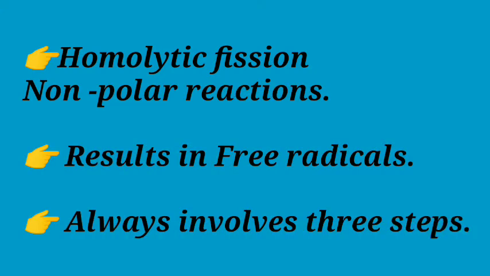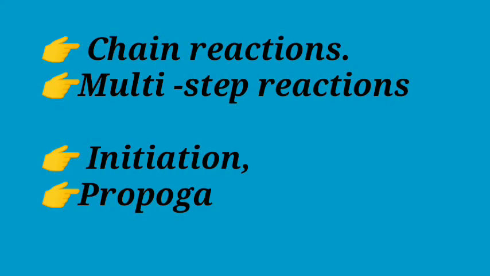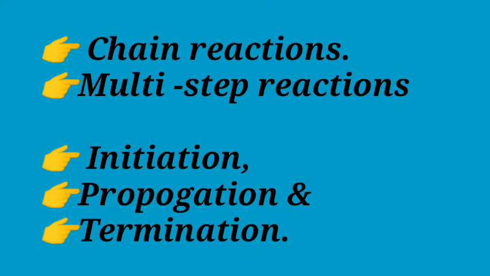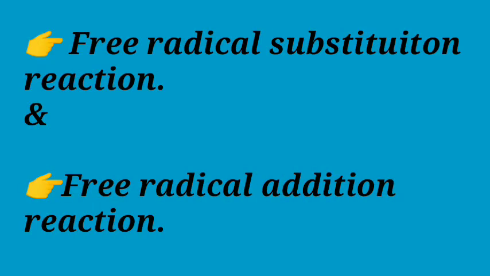That is, this reaction involves formation of free radicals, and they have been further classified into three important steps. These reactions are also called chain reactions, which involve multi-step reaction like initiation, propagation, and termination, which further includes free radical substitution reaction and free radical addition reaction.